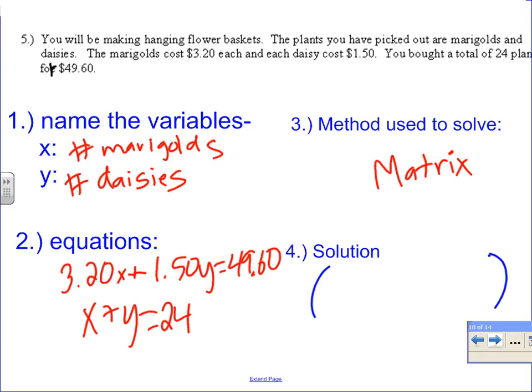What'd you get for Y? Good. So 8 marigolds and 16 daisies. Did anyone not get that for some reason? Questions? Okay, flip over.